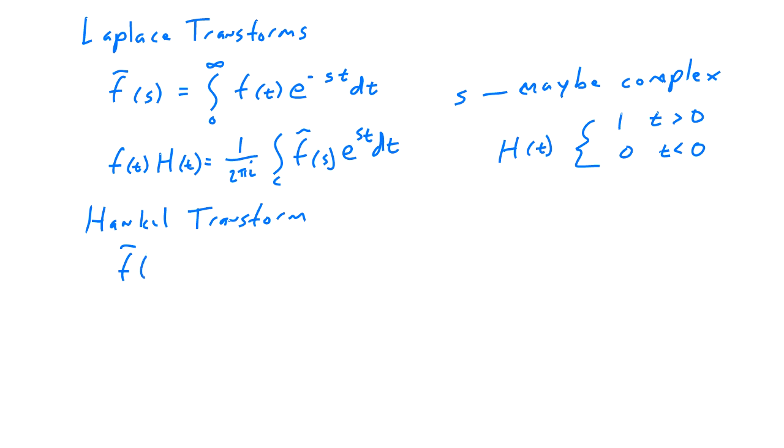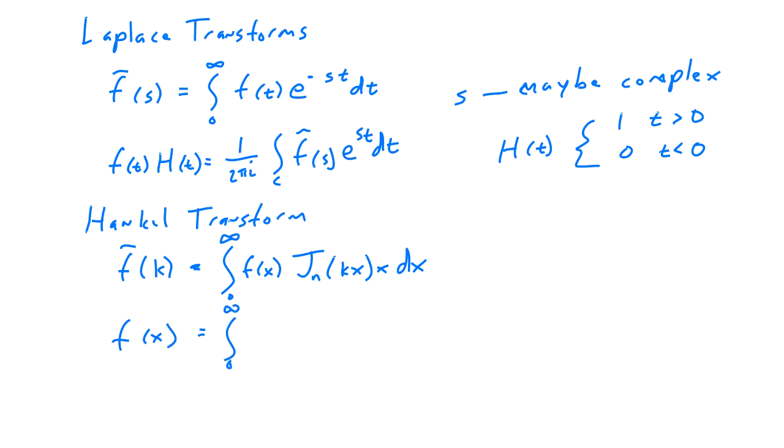And so you could see here, the transform is equal to the integral from 0 to infinity of f(x) times the Bessel function J(kx) times x dx. And the inverse transform for the Hankel transform is equal to the integral from 0 to infinity of the transform times another Bessel function, where you could see that this is very similar.